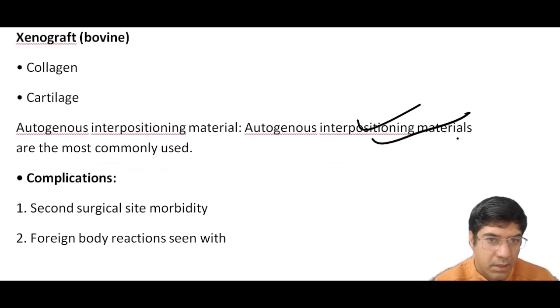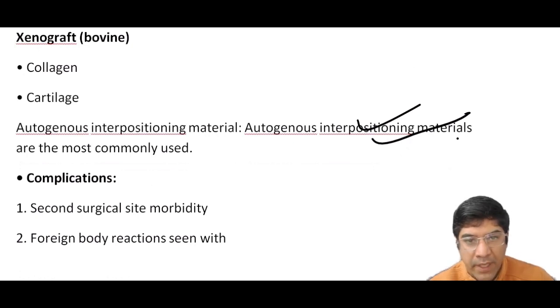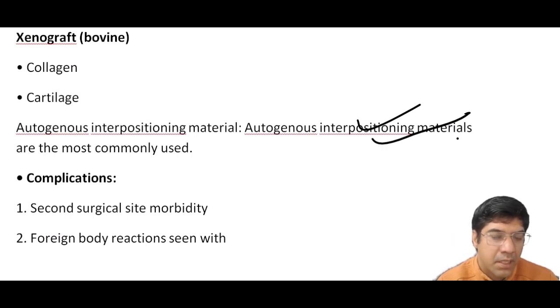Complications: as the autografts are taken from the patient's own body, there could be involvement of a second surgical site. Apart from that, in case of alloplastic, foreign body reactions could be seen.